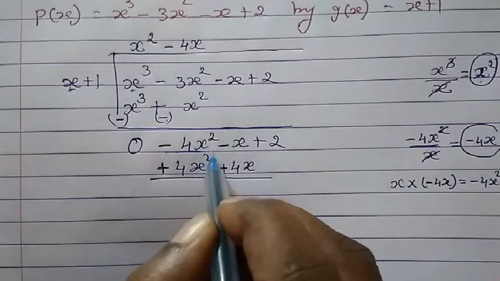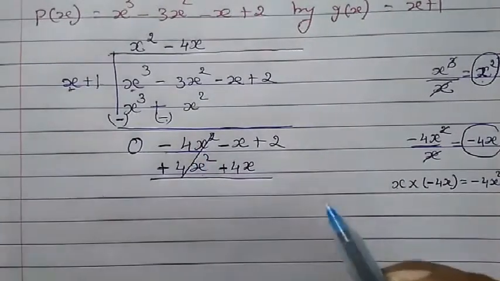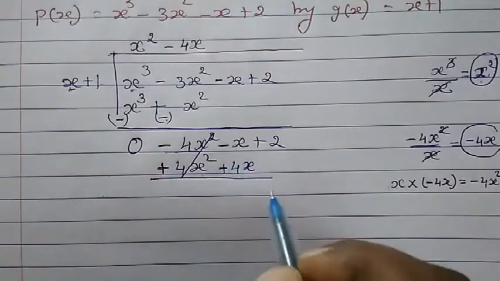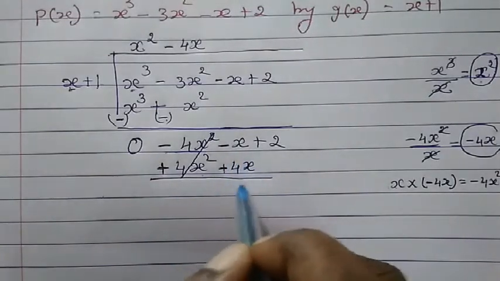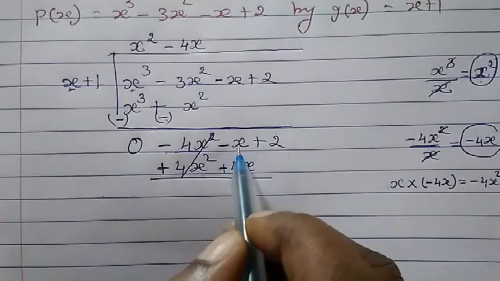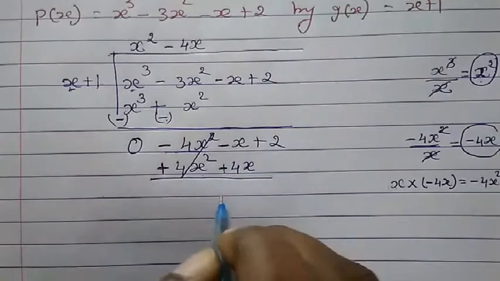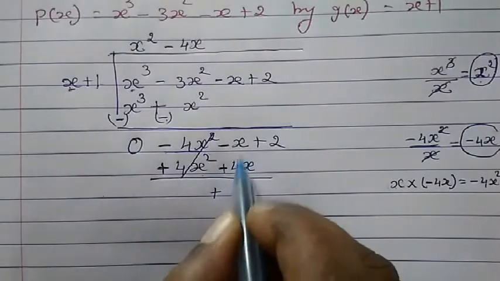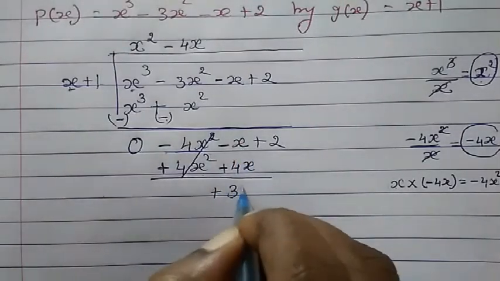So now 4x square gets cancelled. And what do we have? 4x we have, here 1x we have. So when you subtract 1x from plus 4x, the biggest number's sign will remain plus. And from 4x when you subtract 1x, you will get 3x.